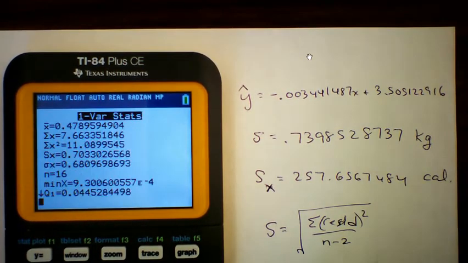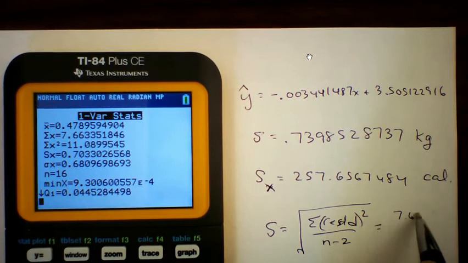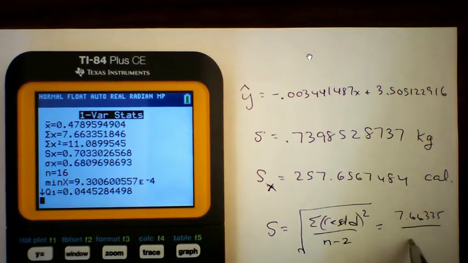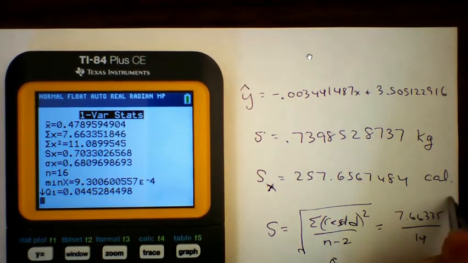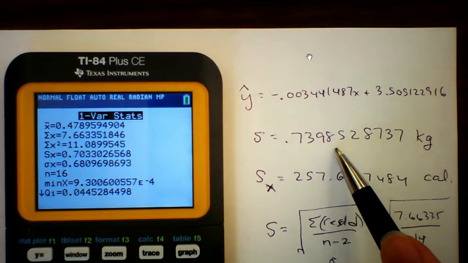That's going to give me right here, that gives me this number 7.66335 over, well, n was 16, so 14. That number, when I punch that in, I'm going to get that right there.